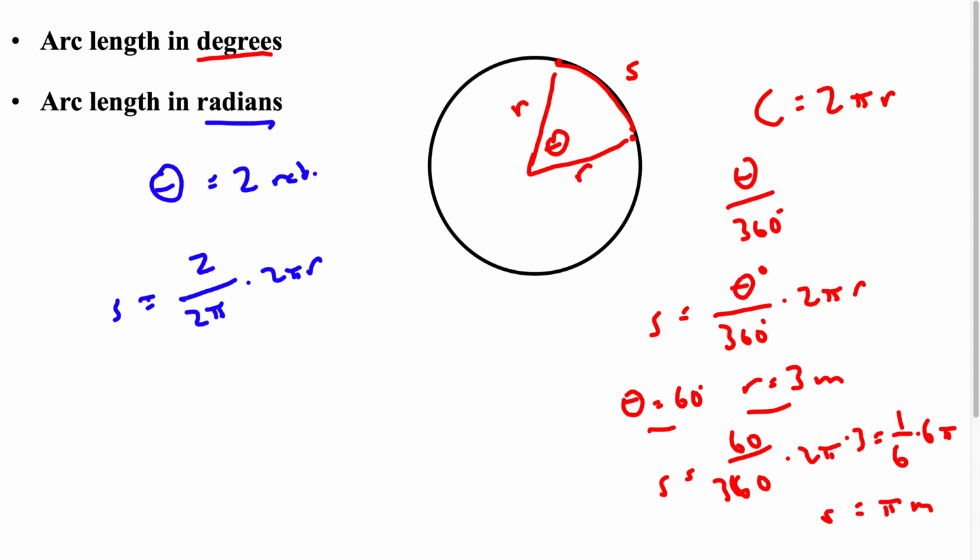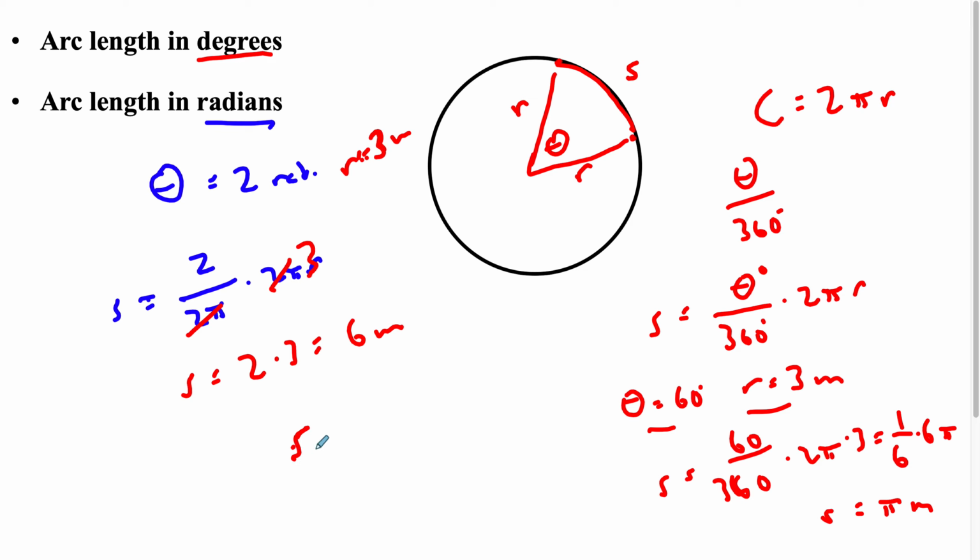Now what's convenient here is the 2 pi's cancel out, so it turns out that this is just 2 times whatever the radius is. So let's say the radius was 3 meters again. Then we just plug in a 3. So this would be 2 times 3, or 6 meters, okay?